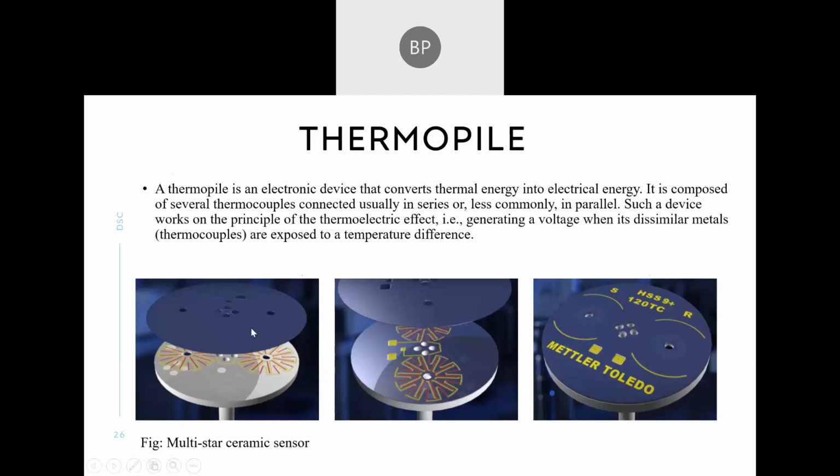As you can see from the figure, this is one thermocouple on which another thermocouple is placed, and in this manner a thermopile is formed. Around 130 thermocouples placed in this manner form a thermopile. The figure is of a multi-star ceramic sensor, which has good sensitivity and also a low time constant.